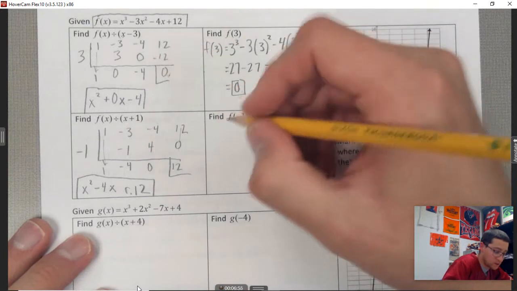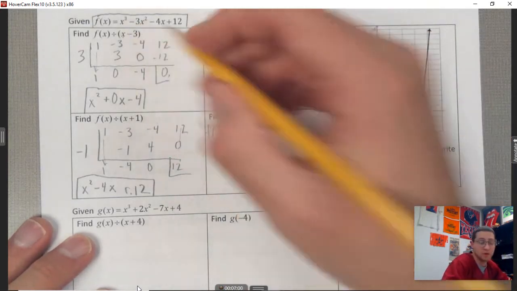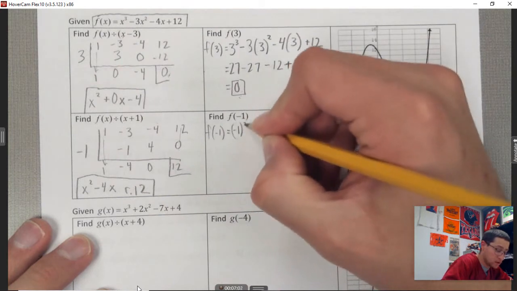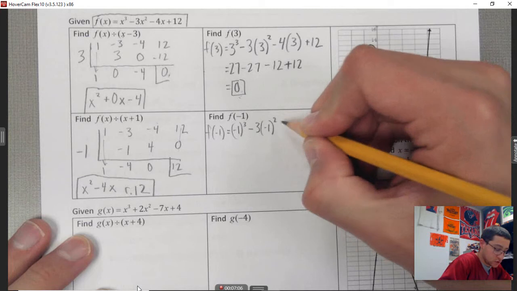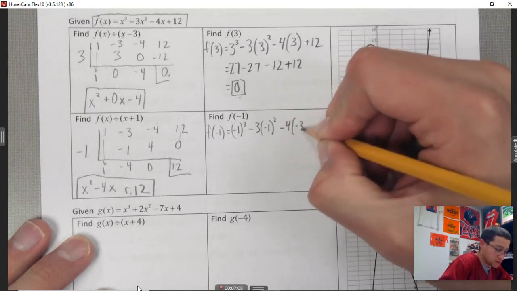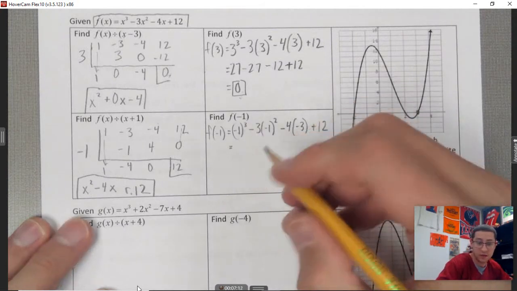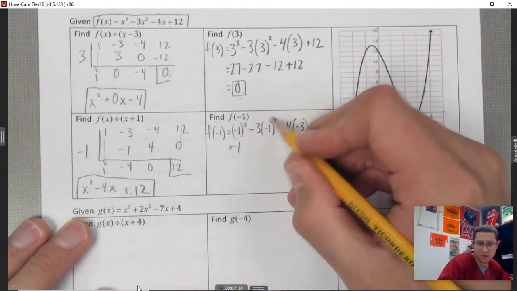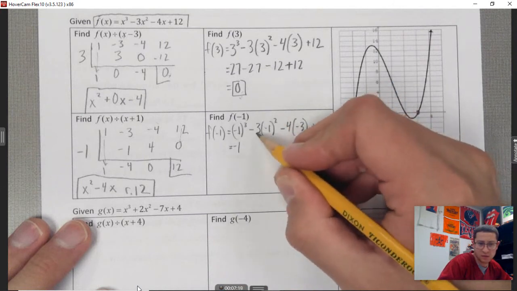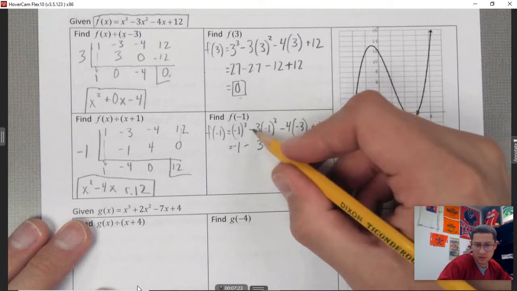f of negative 1. Instead of x up here, I'm going to write negative 1 cubed, minus 3 times negative 1 squared, minus 4 times negative 3, plus 12. So let's see what happens. Negative 1 cubed, that's negative 1. Negative 1 squared, that's positive 1. So positive 1 times 3, that's just minus 3, because I keep that negative.